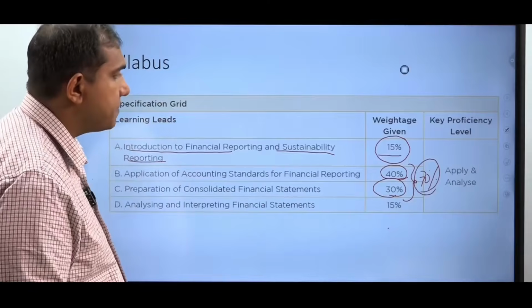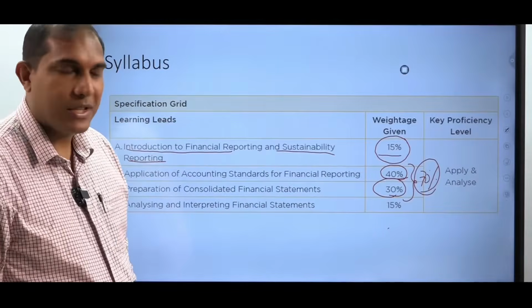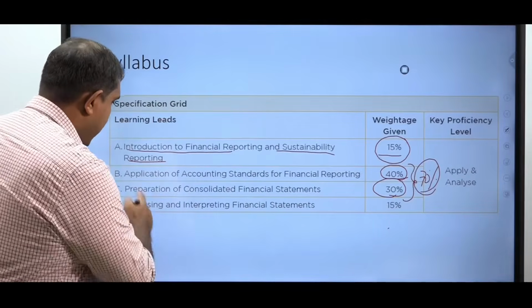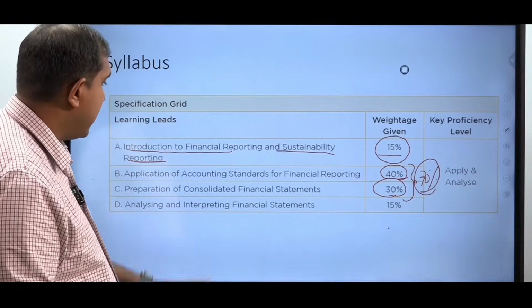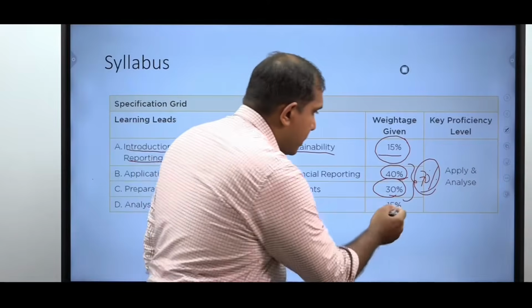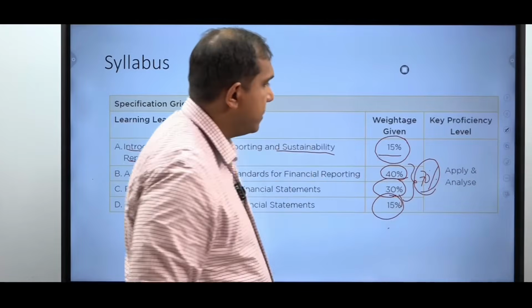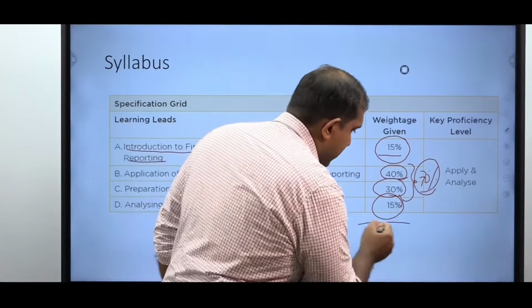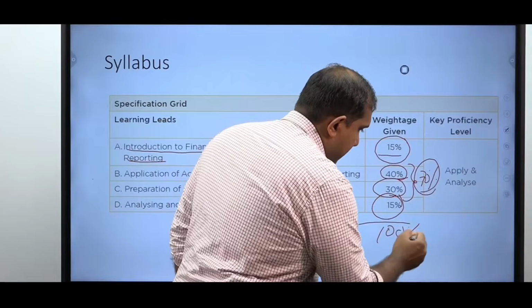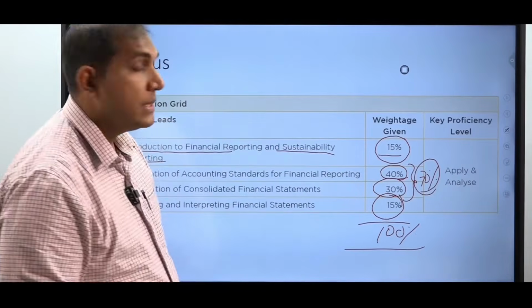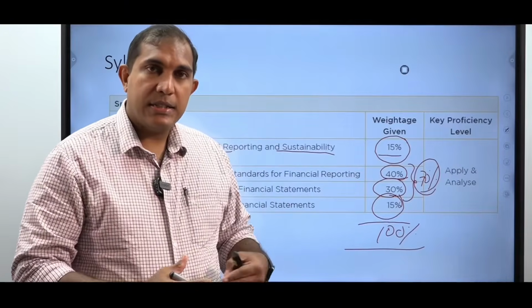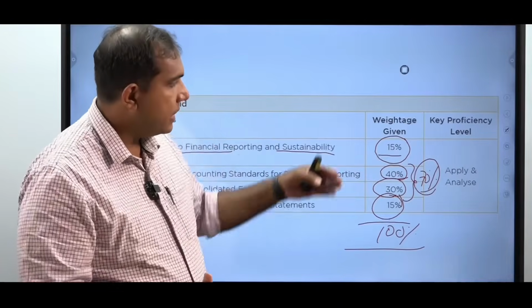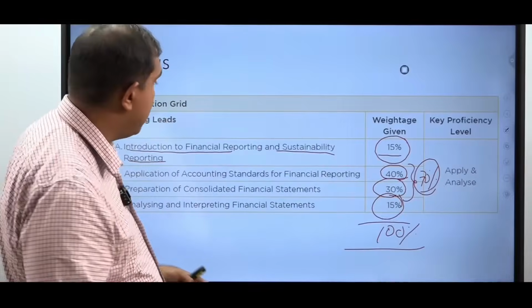Then the last one, section D, analyzing and interpreting financial statements, 15%. So altogether, 100%. This is the syllabus. Now, we can discuss in detail each and every section of the syllabus.